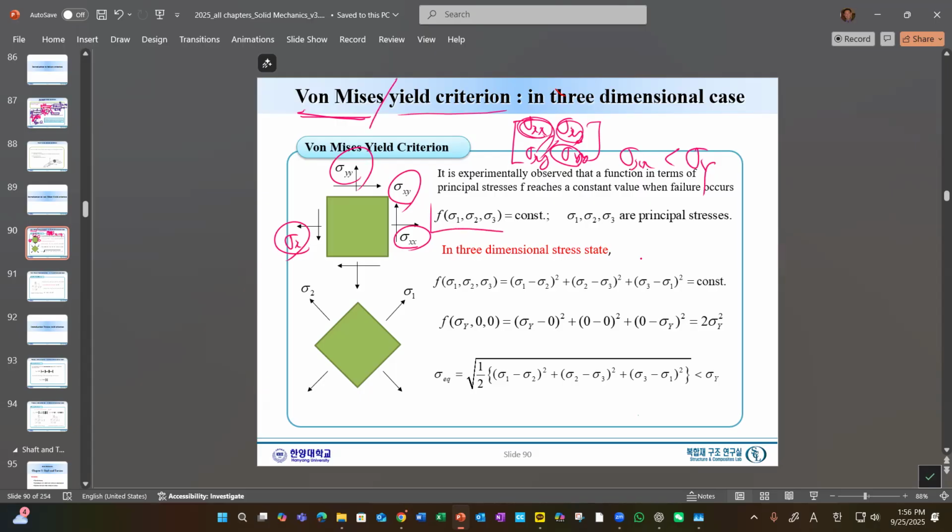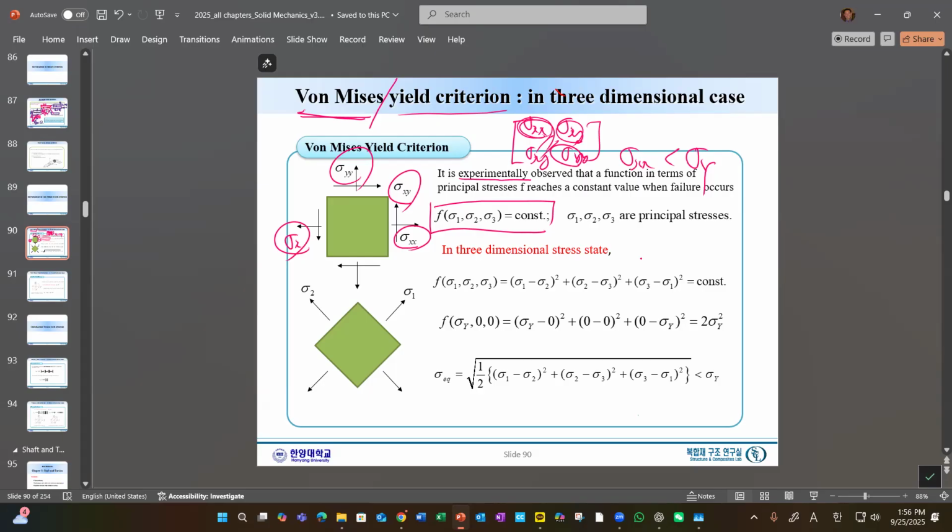It starts from like this. Experimentally, okay, this is not a physical derivation. This is a theory. Theory means that it is based on the observation, based on the facts, but this is not a physical behavior.